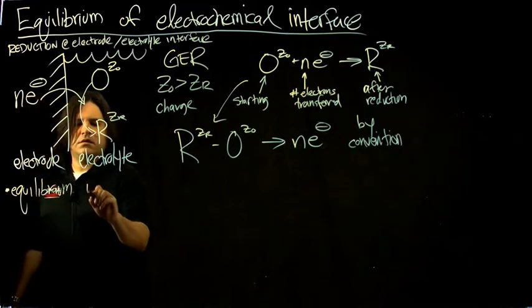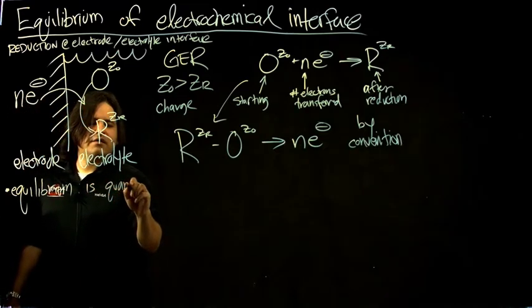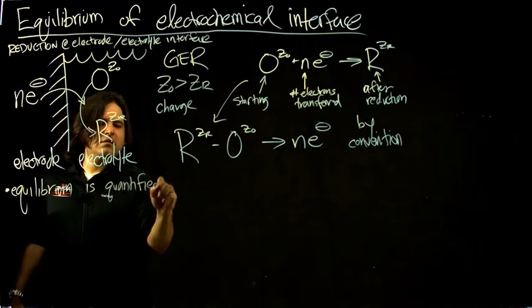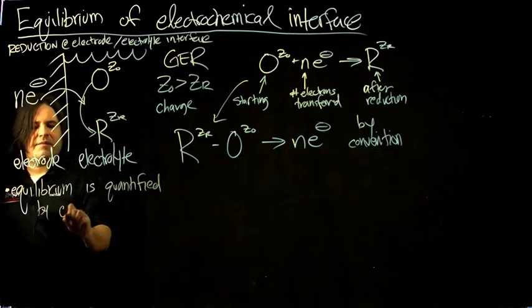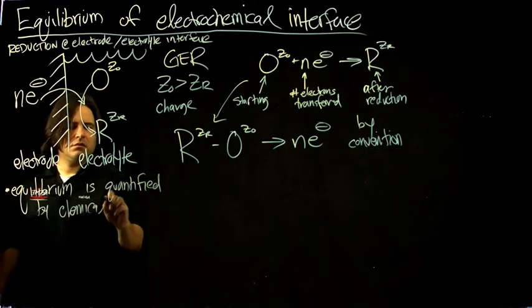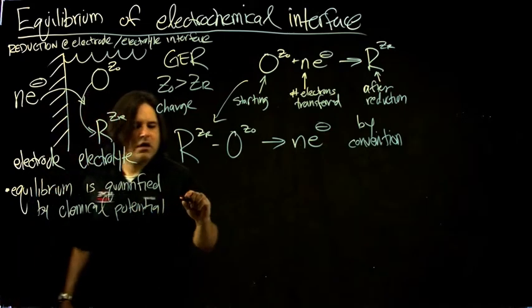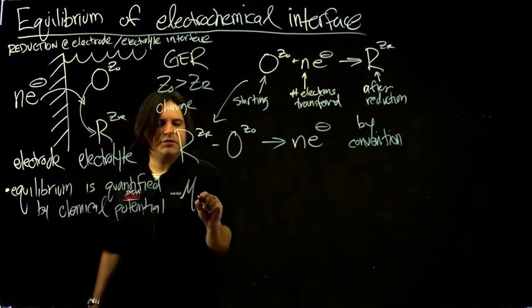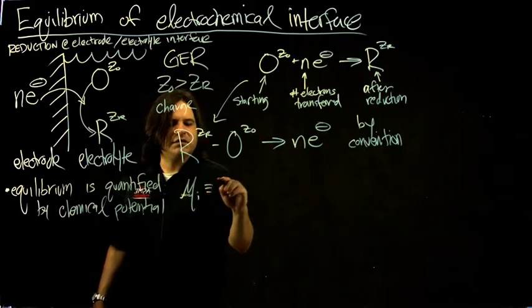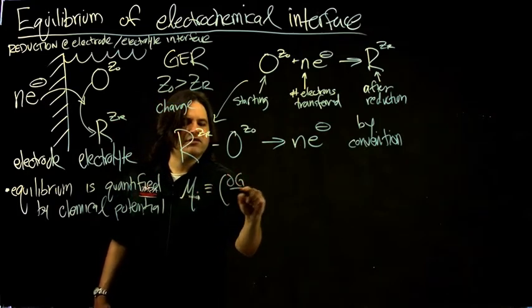Equilibrium is quantified by chemical potential, where the chemical potential of some species, by definition, is the optimum of the Gibbs free energy.